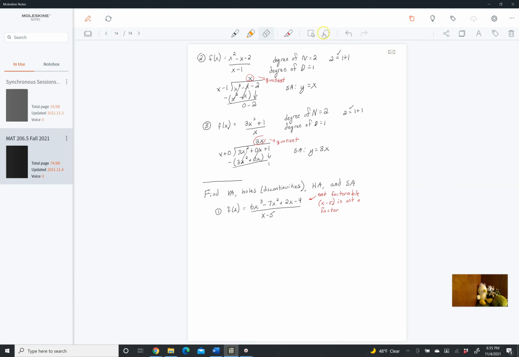Okay, so vertical asymptote. That means the vertical asymptote is where the denominator is 0. The denominator is 0 at x equals 5. Notice that the vertical asymptote is x equals 5 because it's a vertical line.